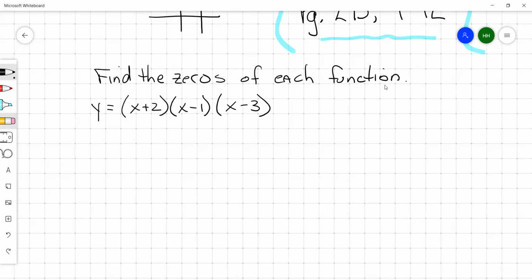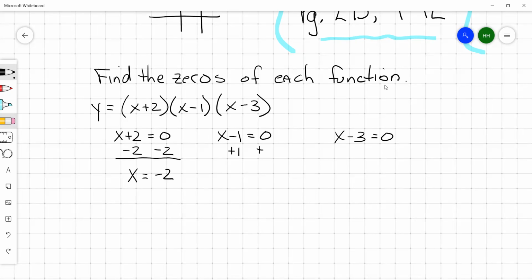So some of you won't have to do this next step, but here's the math way to do it. You take x plus 2, you make it equal to 0. You take your x minus 1, make it equal to 0. And you take the x minus 3 and make it equal to 0. And then you just solve each of these equations. So you subtract 2 here from each side, and you get a 0 that's equal to negative 2.